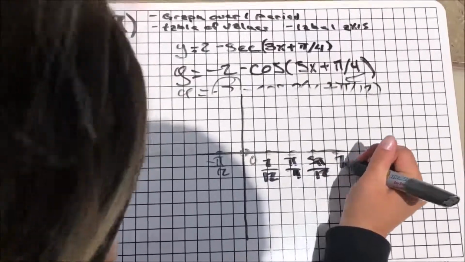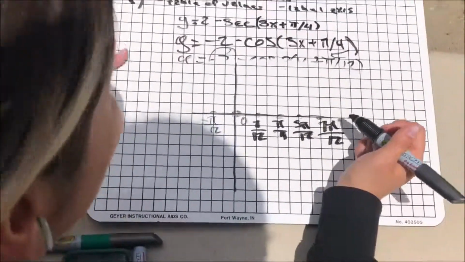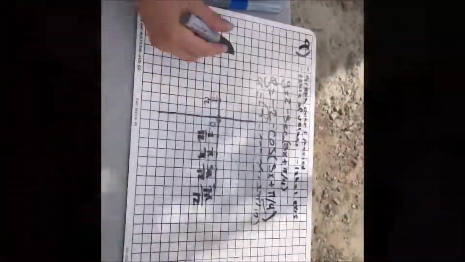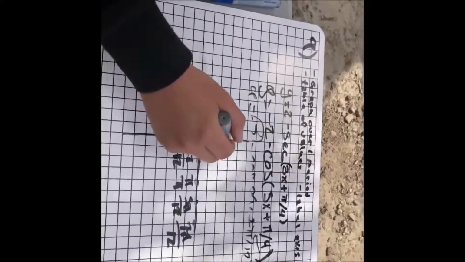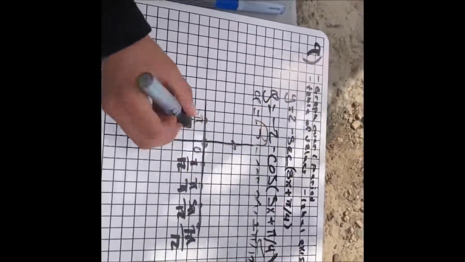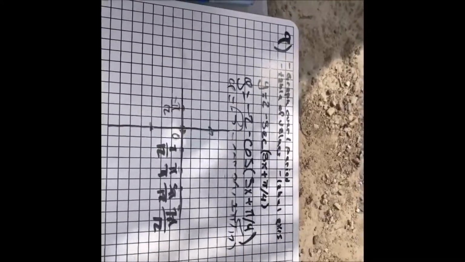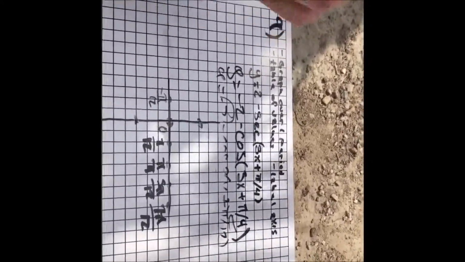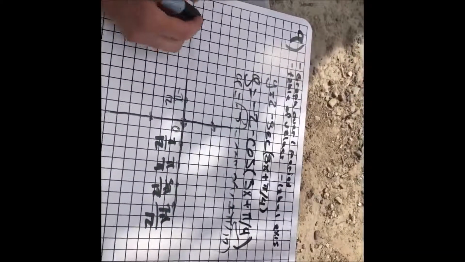And 7 pi over 12. Plot ourselves on the graph. And then we're gonna put in right here, right? I think so. I really should have made these tinier. Okay, and then we're going to take our table.